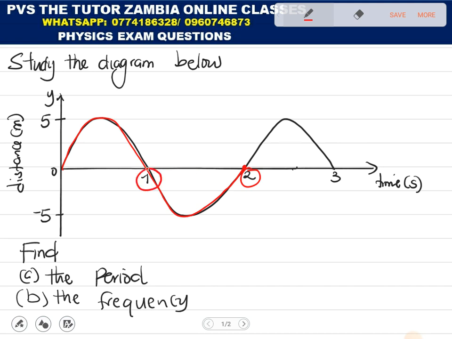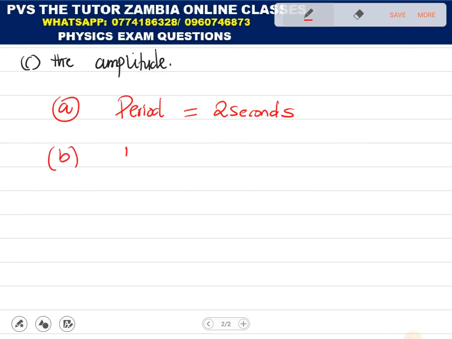So how many cycles are these? This is just half. So that is our frequency, without even doing calculations. That's the purpose of this video. 1/2. What is the unit for frequency? Hertz. So you put a capital letter H and a small letter z.